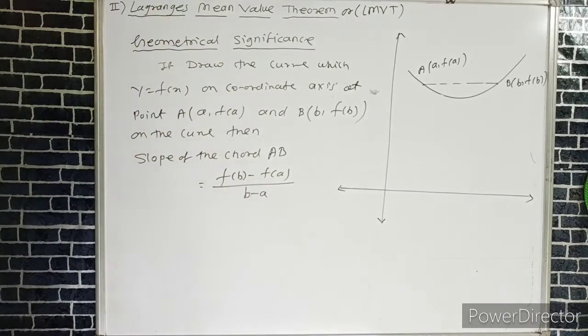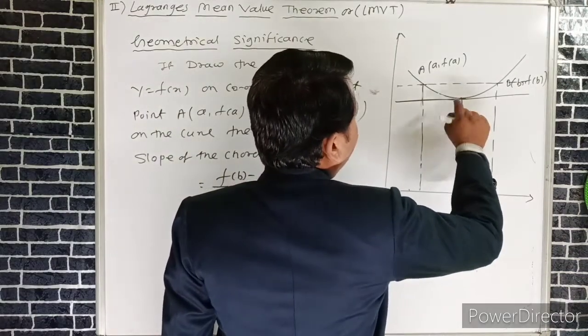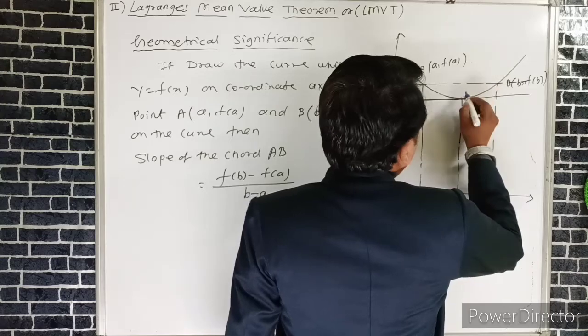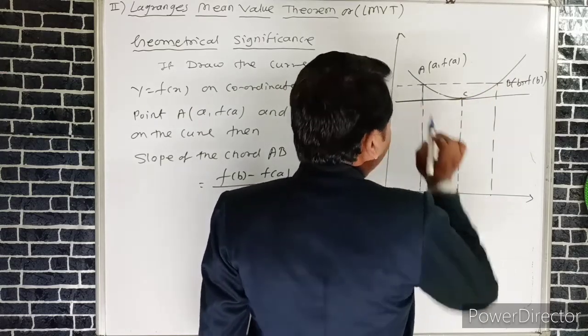This is equation 1. The line which is passing through the point C is a tangent.